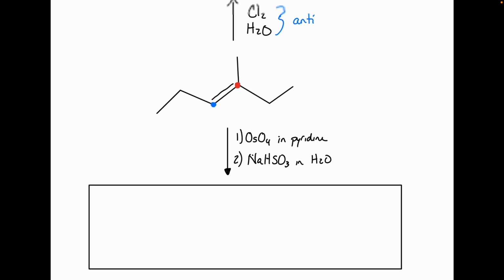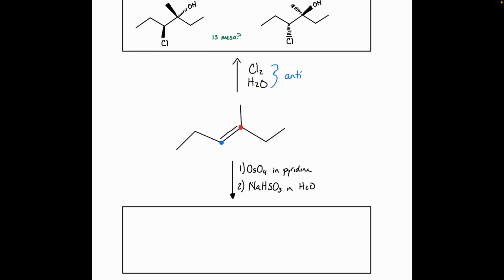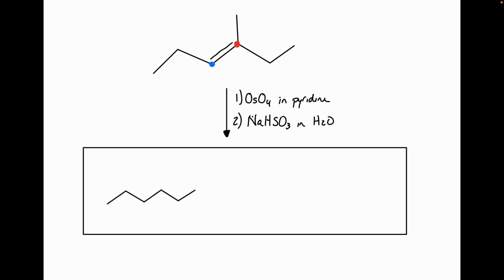Okay, similar down here. All right, in this case, we don't even have to worry about any regiospecificity, because we're adding the same thing to both carbons. So I'm going to put an OH group on one carbon, an OH group on the other carbon, and I'm going to ask, how many stereocenters do I have?